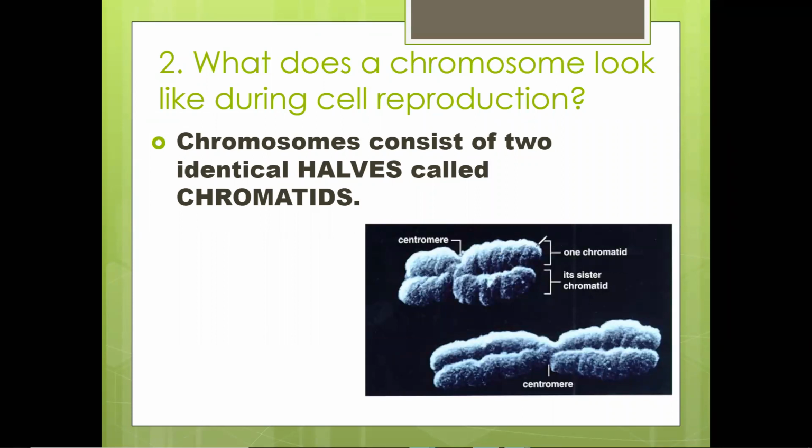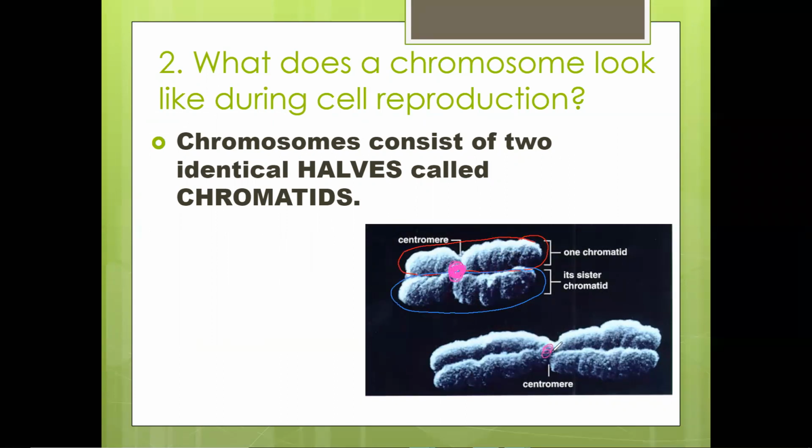So if we look at this picture down here, we see one half right here that I'm outlining in red, and the other half that I'm going to go ahead and outline in blue. Okay? And then right in the middle, we have this structure that links those two halves together.